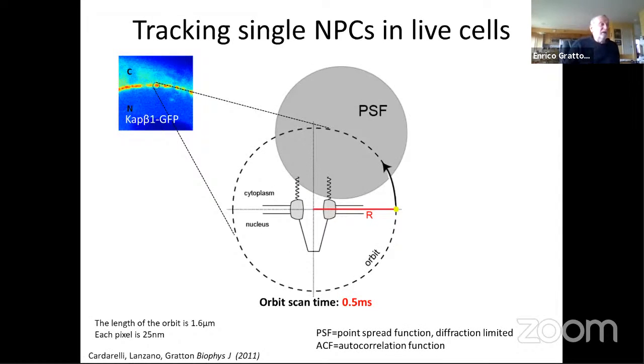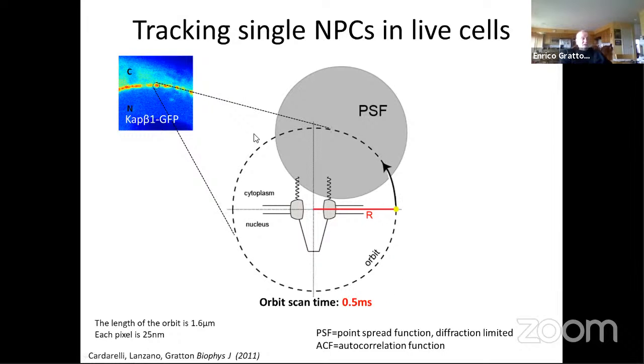Okay, so let us see if we can go through. Now I draw essentially the same thing, but on a more realistic scale. So this is the orbit that we will do, and this is the nuclear pore complex the way we see it. We are focusing on just one. This will more or less be the size of the point spread function. That will be the size of the nuclear pore complex. And we do the orbit with a time of 0.5 milliseconds per orbit.